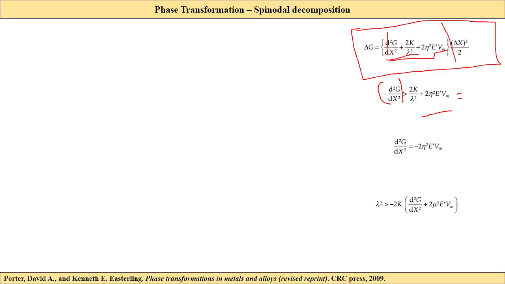Then that value must be greater than these two values. So what are those two values? This is my volumetric free energy, this is my surface energy, and this is my strain energy.